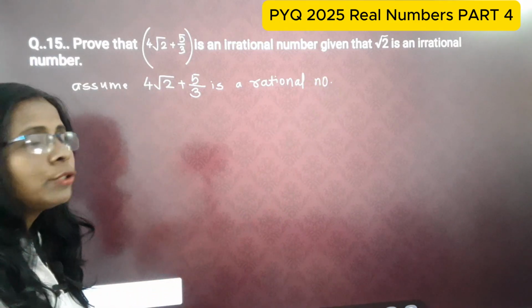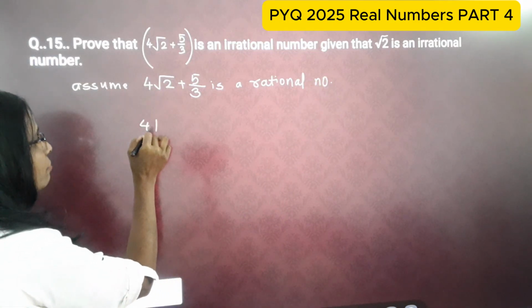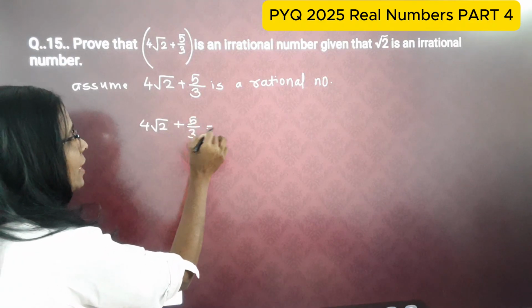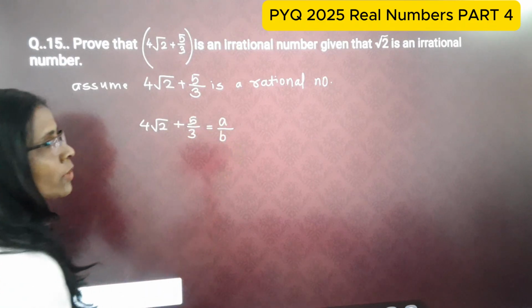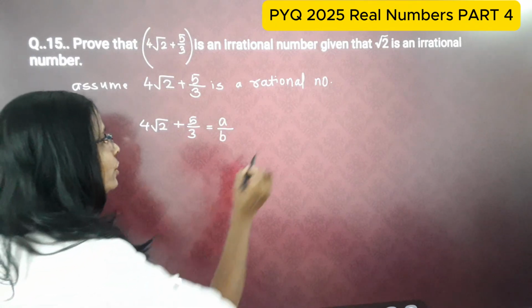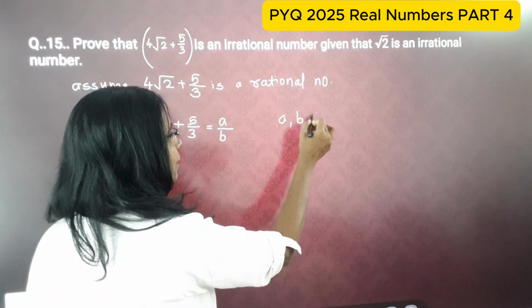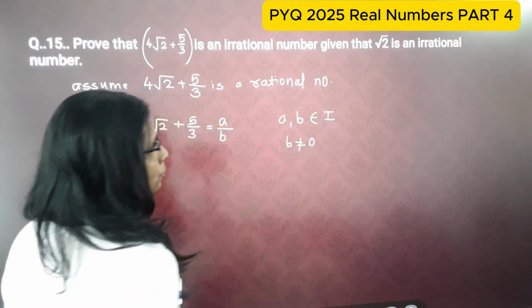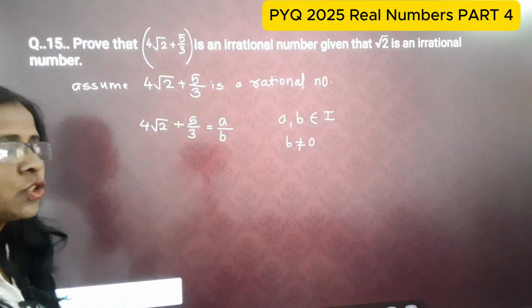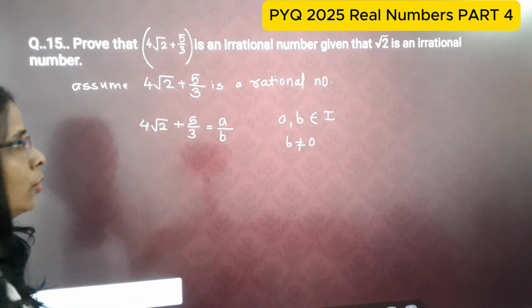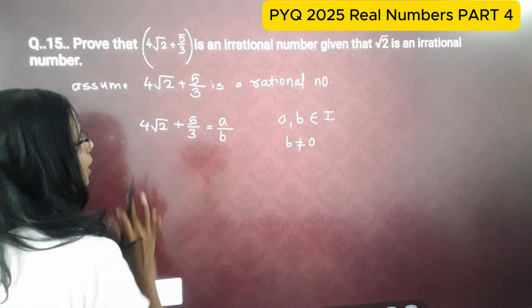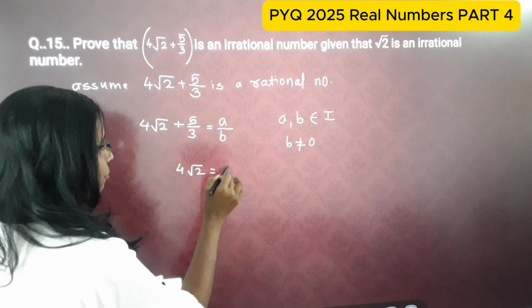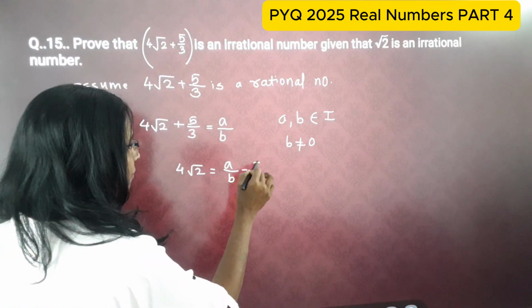As 4 root 2 plus 5 upon 3 is a rational number, it can be represented in a upon b form. Now, students, we know that a and b belong to integers and b is not equal to 0. Then 4 root 2 is equal to a upon b minus 5 upon 3.